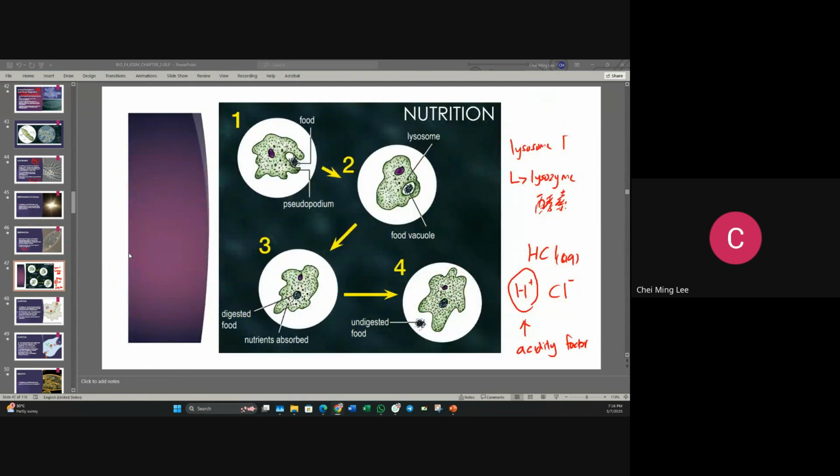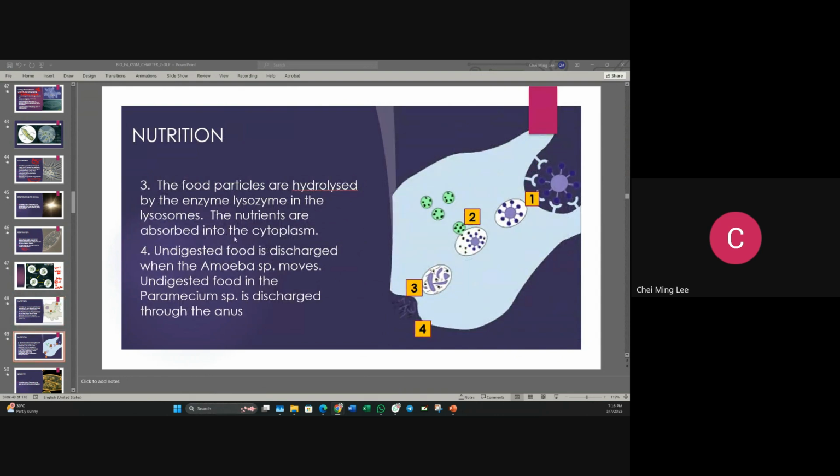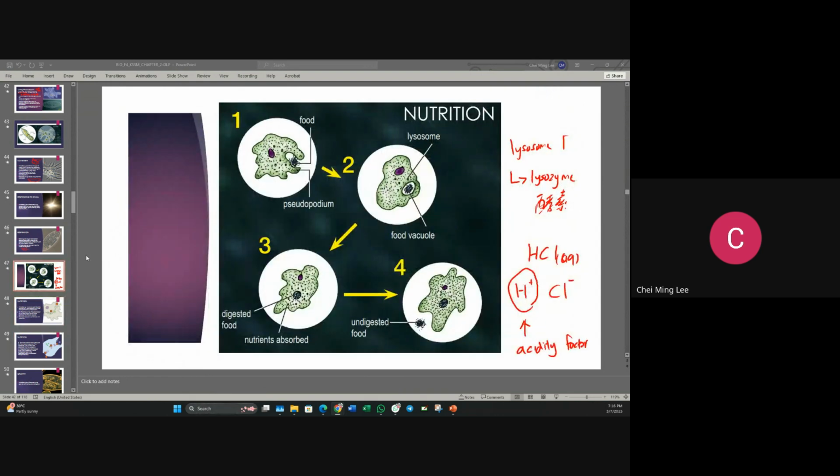Now next we are talking about nutrition. This is the amoeba. It moves by using pseudopodia, so it will create two pseudopodia that act like a mouth, and then cover the food and take the whole thing into the body.